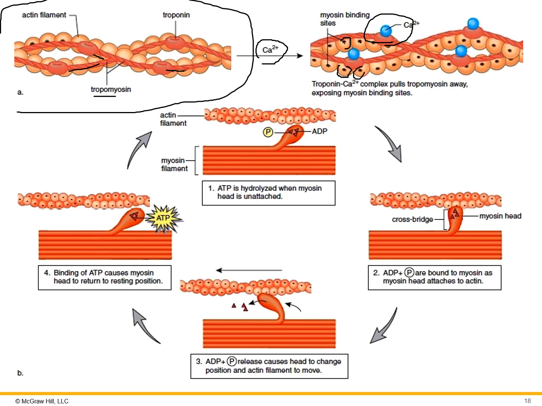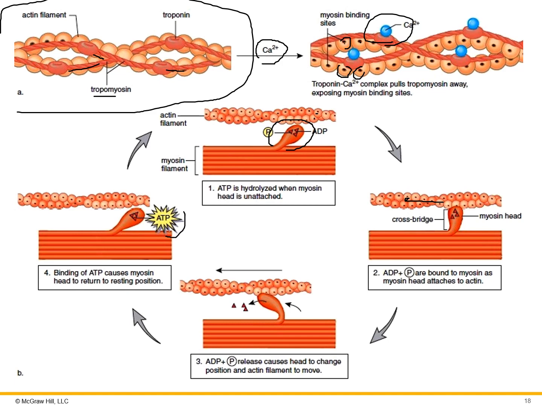So now the myosin can actually attach to the actin filament, and it can bind to those open binding sites along the way. Again, it can pull the actin along, which causes that shortening.